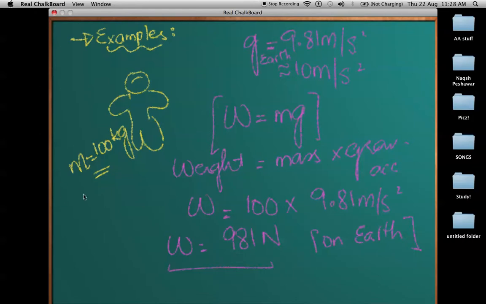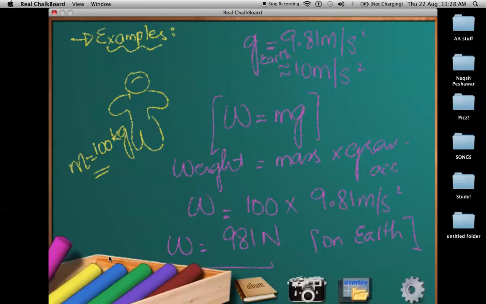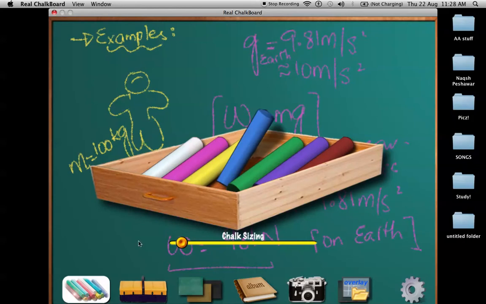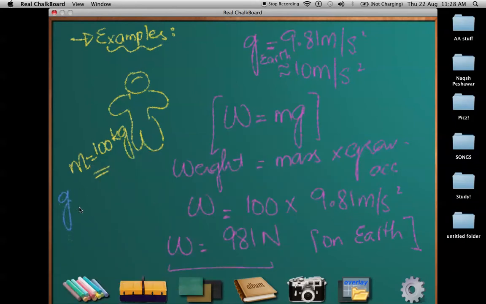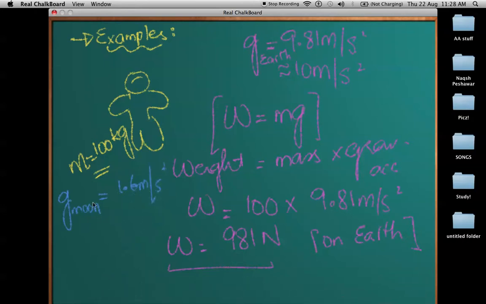So now they're talking about the moon, where the gravitational field strength is 1.6 meters per second square. Now they ask, what does an astronaut weigh on the moon if he were to stand on a weighing balance? What would the weighing balance show?